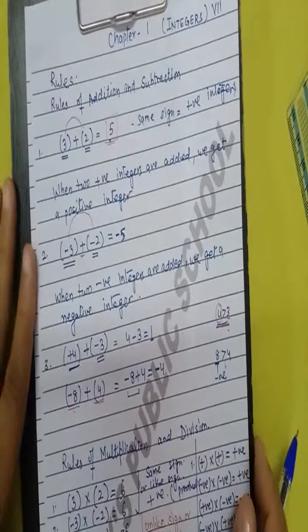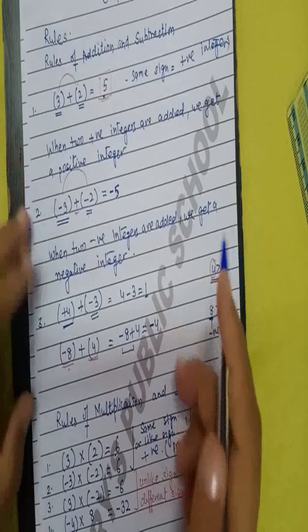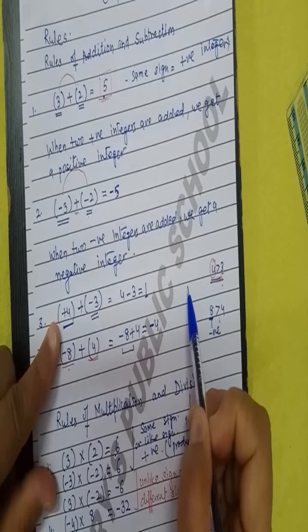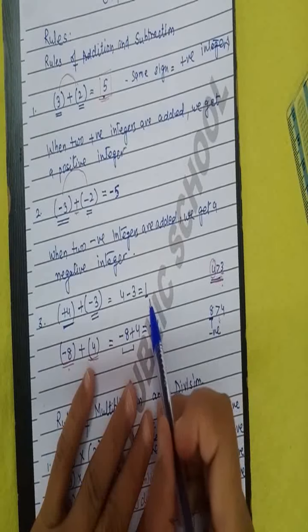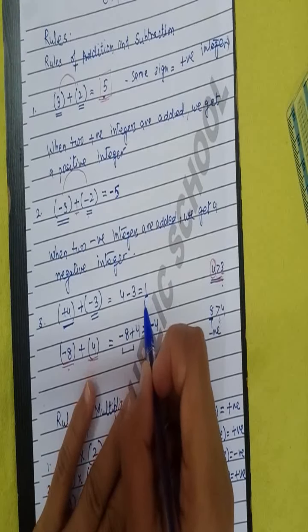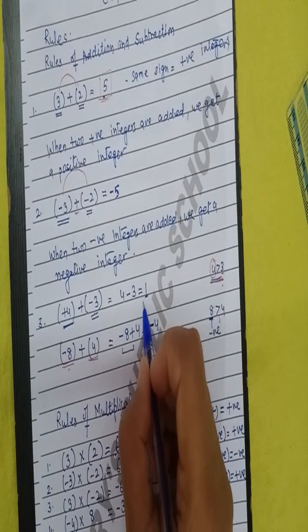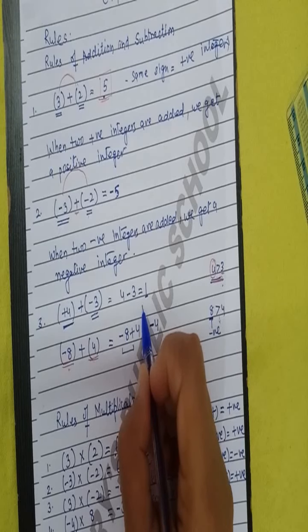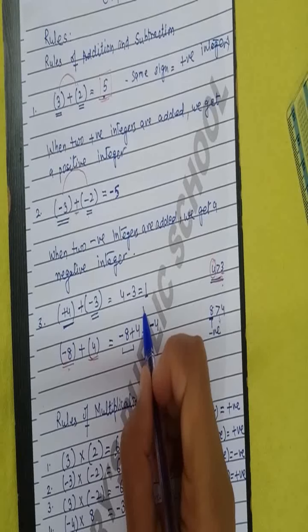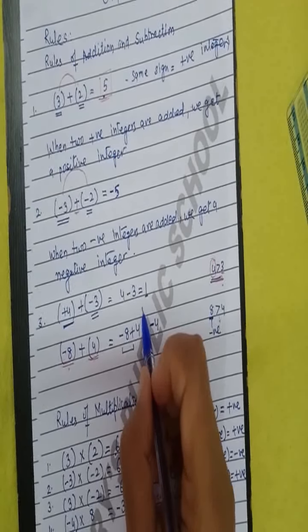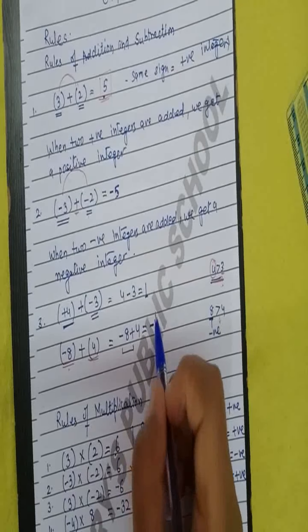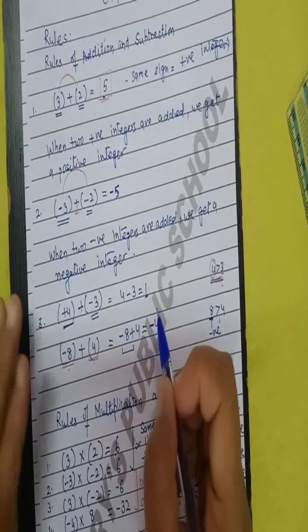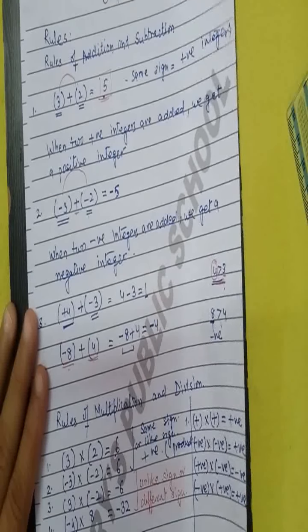Now another thing, if we have two different signs and are adding them, we subtract them, and before the answer we put the sign of the bigger number. Mark my words, if we are adding two integers of different signs, before the answer we put the sign of the greater number. Hope it is clear for you.